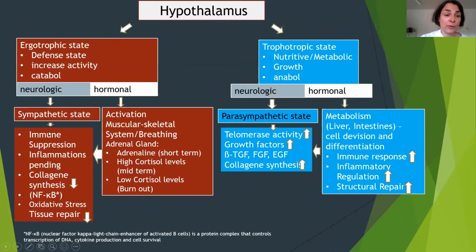So this state causes an immune suppression, and the collagen synthesis is decreased, and we get this oxidative stress, and the NF-kappa B factor, which shows us that the DNA is on a regular basis producing structural proteins, and cell division is taking place, and all the cytokines are secreted to get this metabolism running. So this is all decreased, and tissue repair is also decreased. So this is the ergotrophic state.